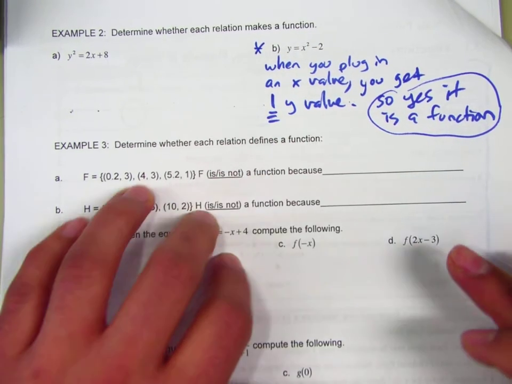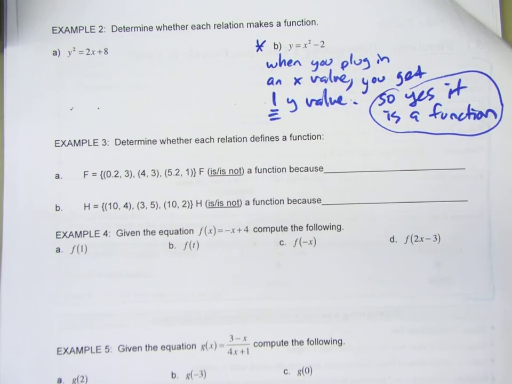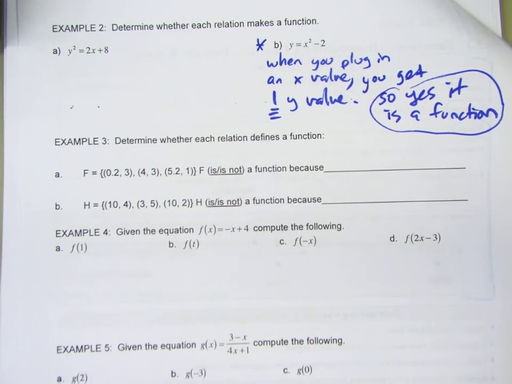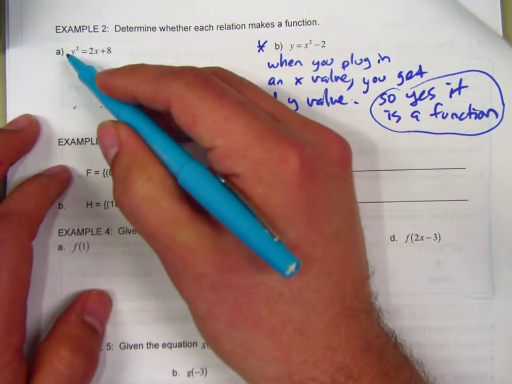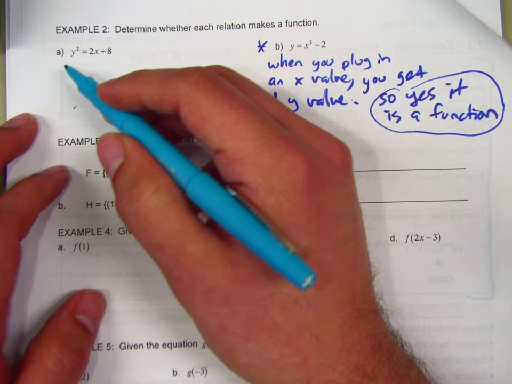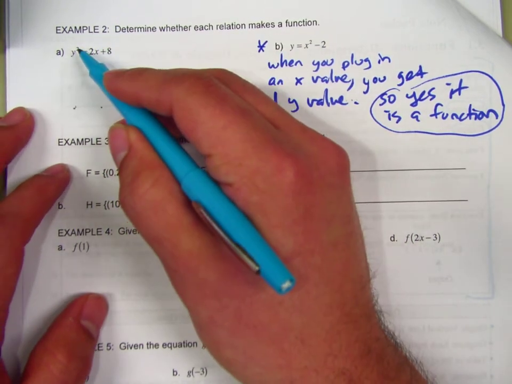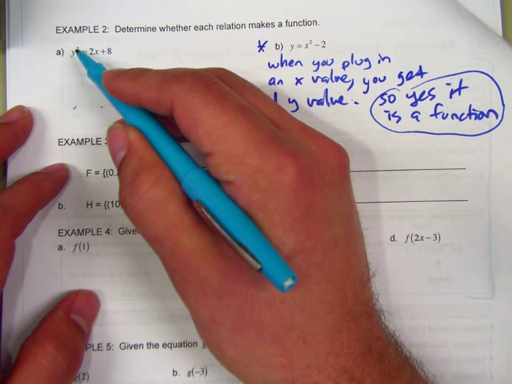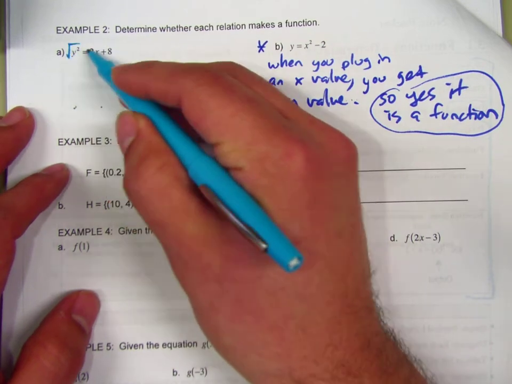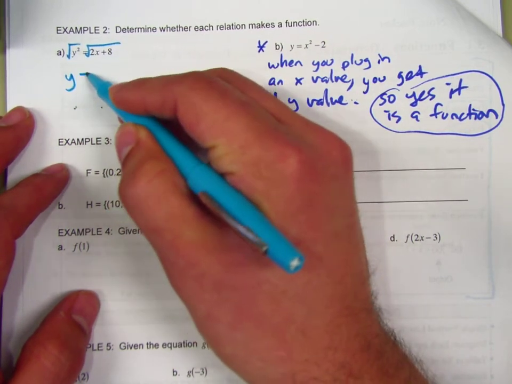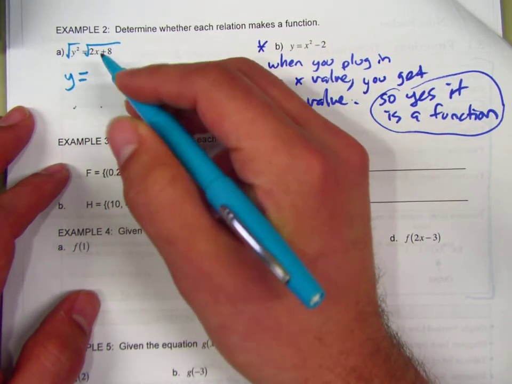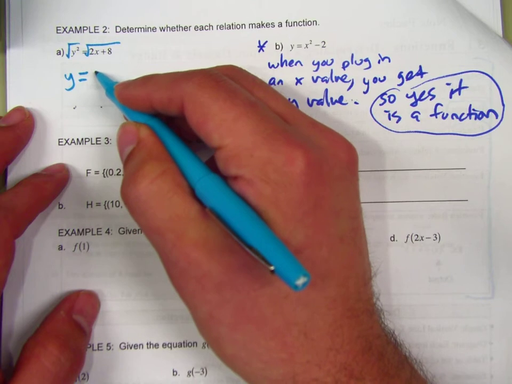On the other hand, a good way to figure out if this is going to work, first let's get y alone. And this is where people make a mistake sometimes. So think back to algebra now. How do you undo a square? You square root both sides. And do you guys remember that when you take the square root of both sides of an equation, what happens on this side?